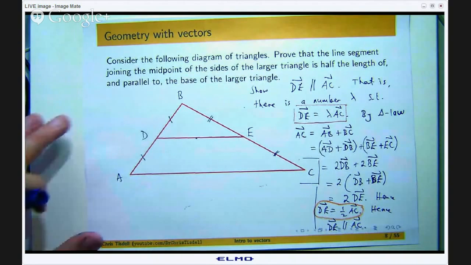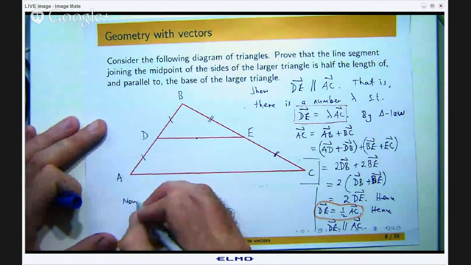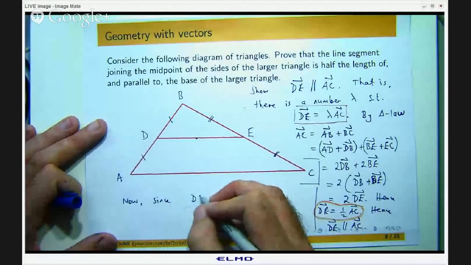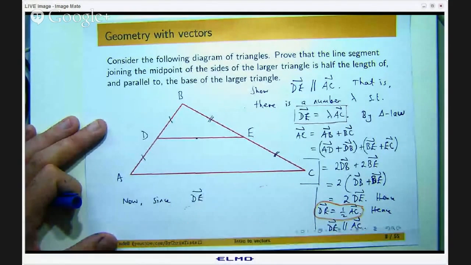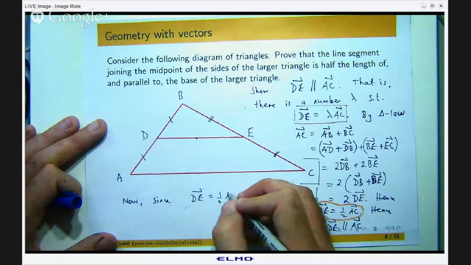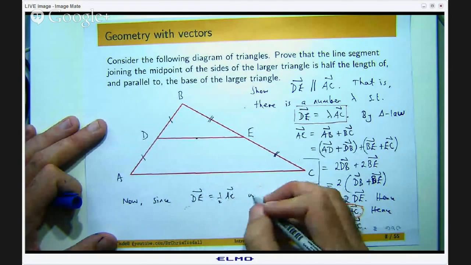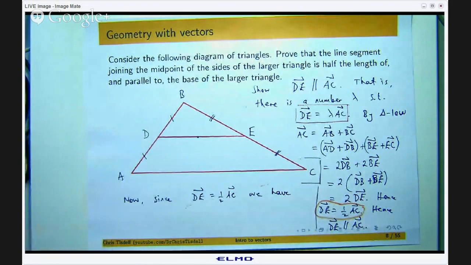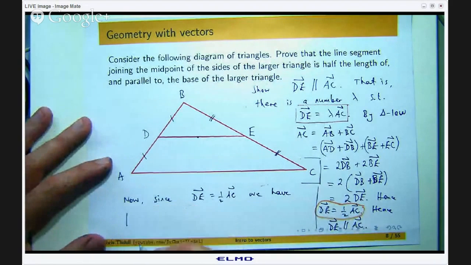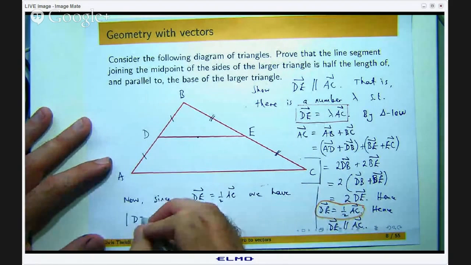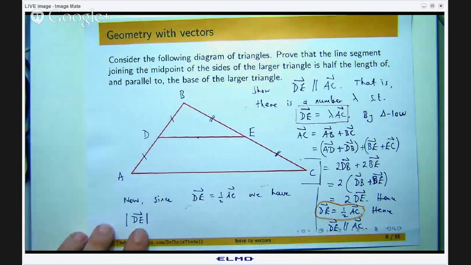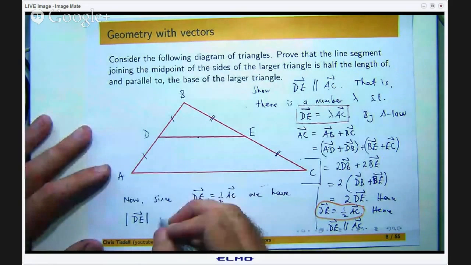Let me show you. We have, okay, now I'm going to use the following notation to denote the length. So these sort of vertical lines are going to denote the length of the vectors.